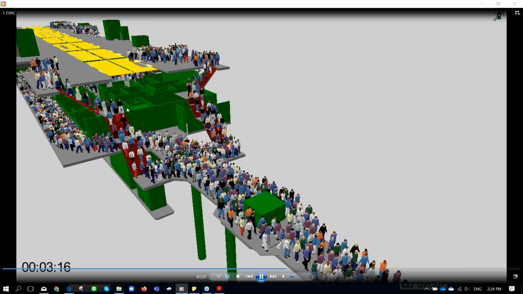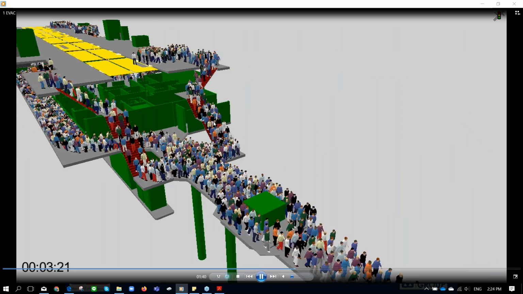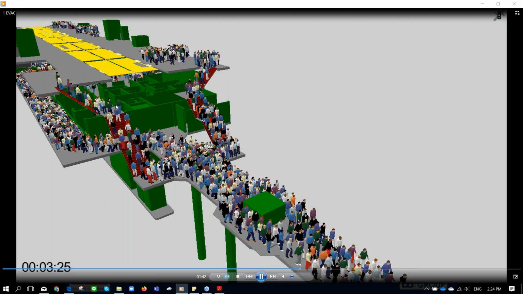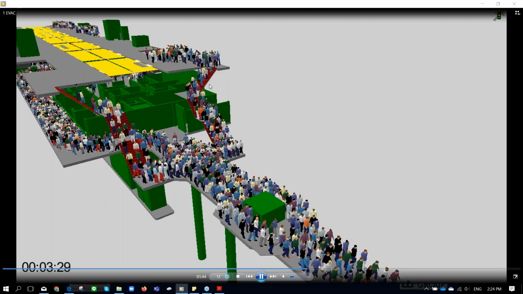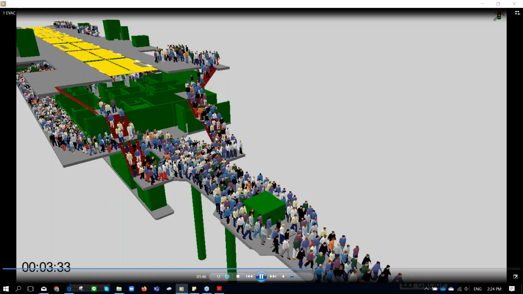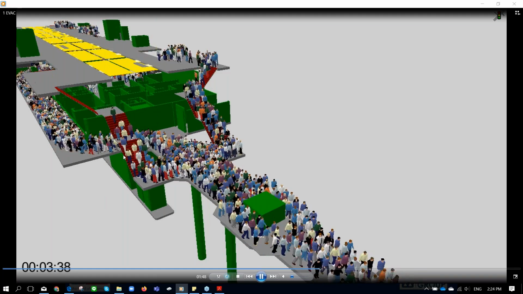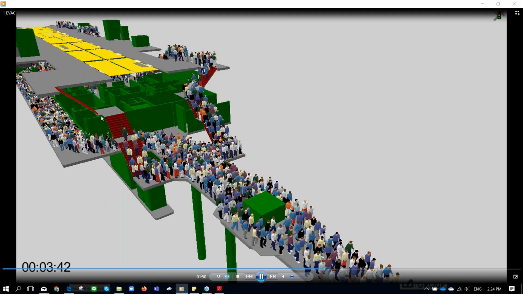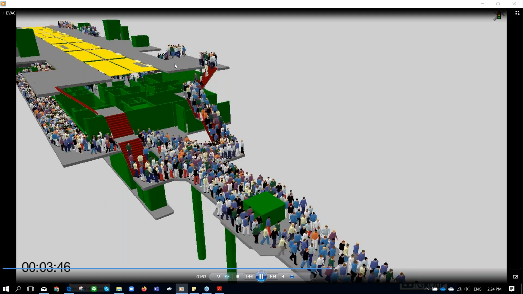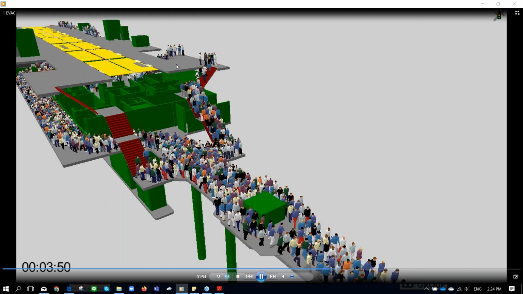And here you might see these two extra staircases. Yes, they were added later, because at the first analysis, people could not leave from the platform within 4 minutes.